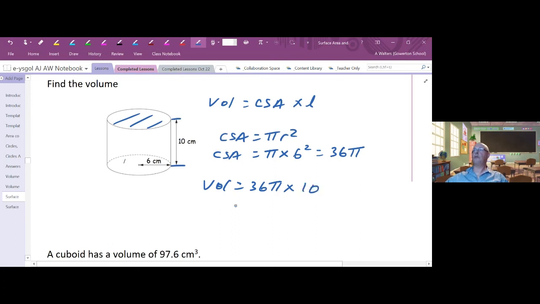When you tap all that out on a calculator, you get 1130.9733. If I was working to 1 decimal place, it becomes 1131 centimeters cubed.